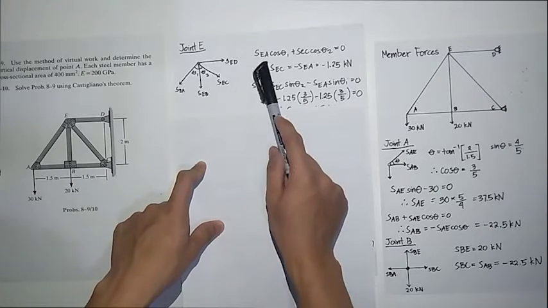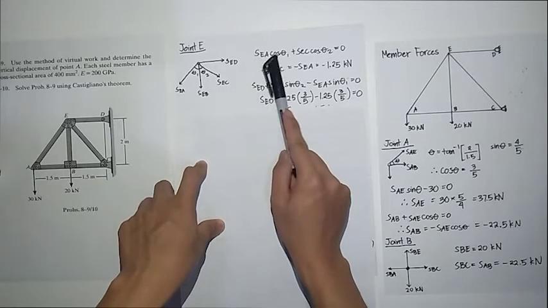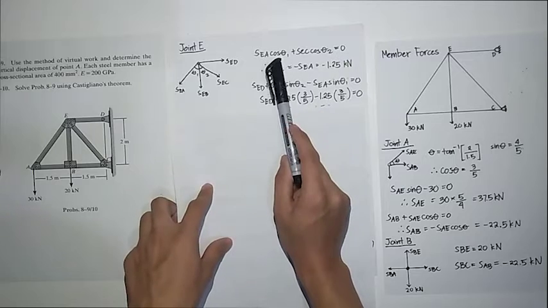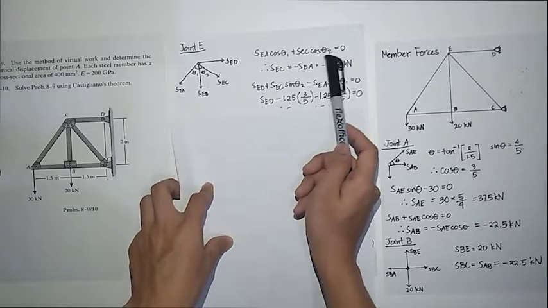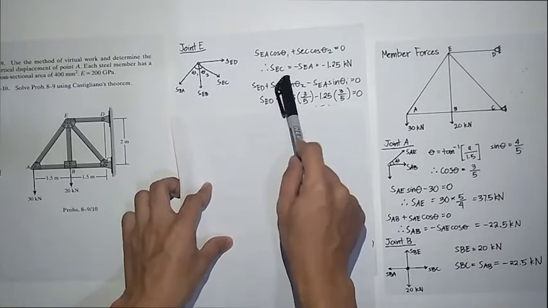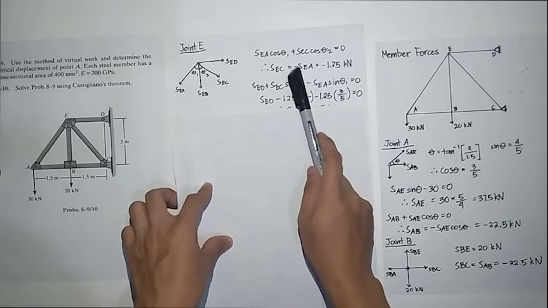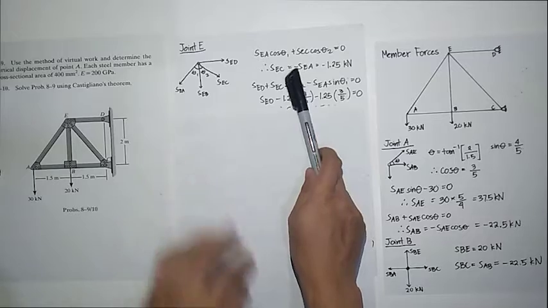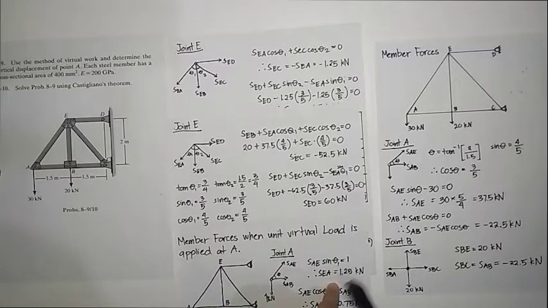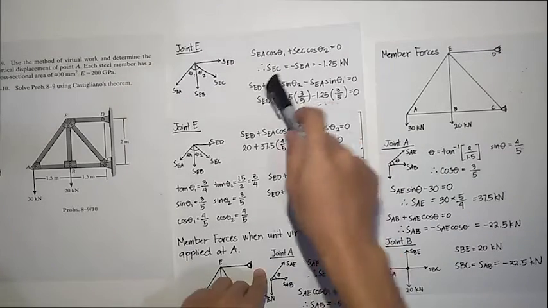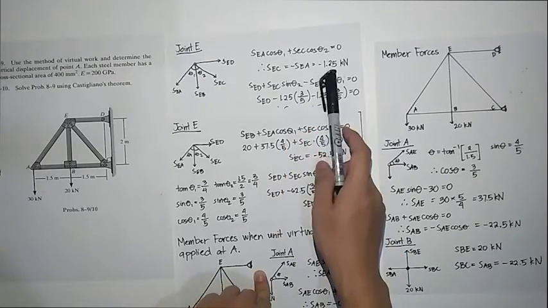Ang solution po nun ay SEA cos theta 1 plus SEC cos theta 2 equals to 0. So, SEC now is equals to negative SEA, which is, ilan yung SEA natin kanina? Yun, 1.25. So, SEC now is negative 1.25.